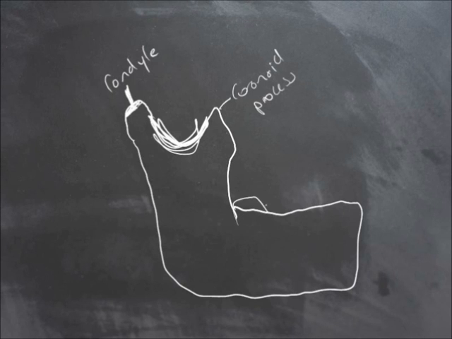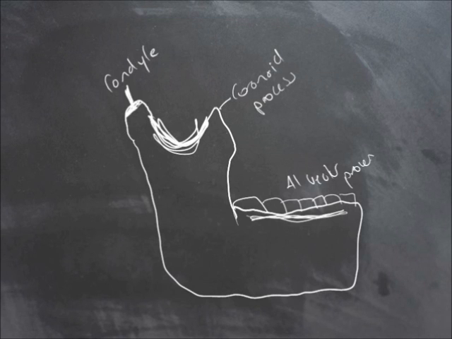Here, where the teeth are, we have the alveolar process. We have our mental foramen. This bulk of the mandible is referred to as the body of the mandible.